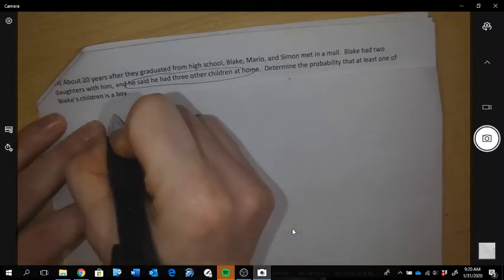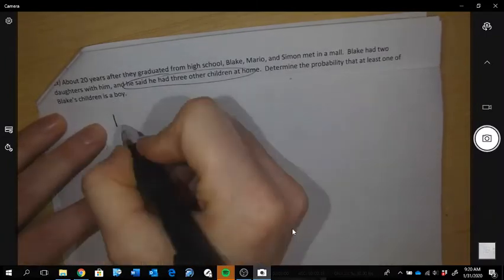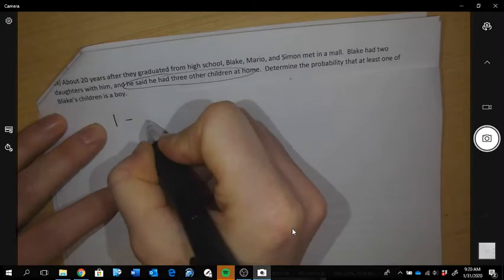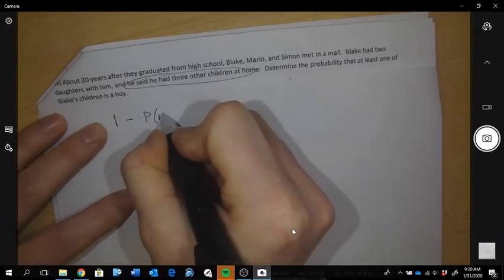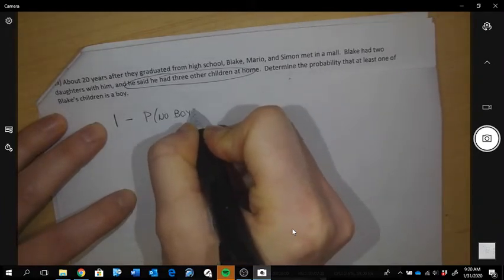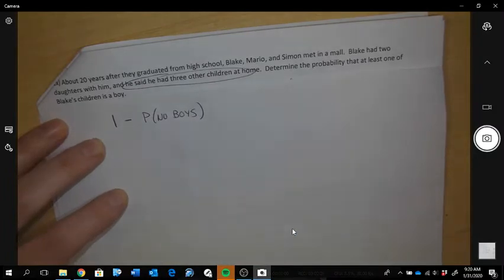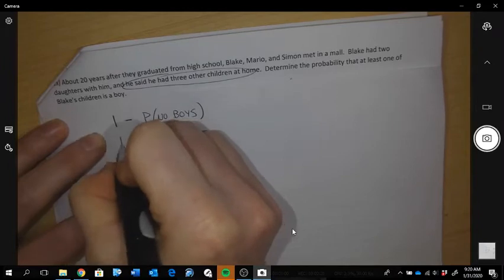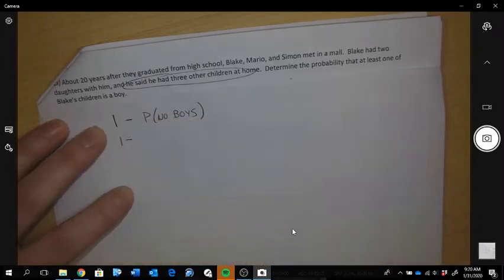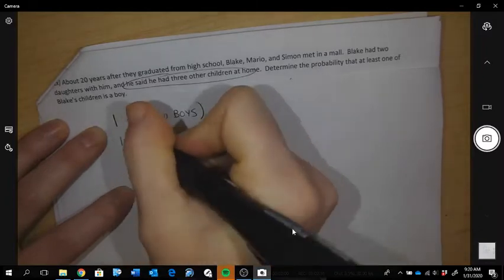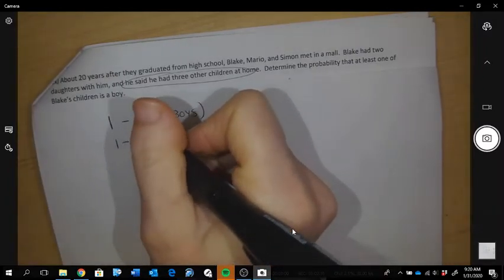So we could do this in the complement way. So we would take 1 minus the opposite probability. So this would be 1 subtract the probability that there wouldn't be a boy. So 1 minus, and the probability that there's no boys is that they're all girls.